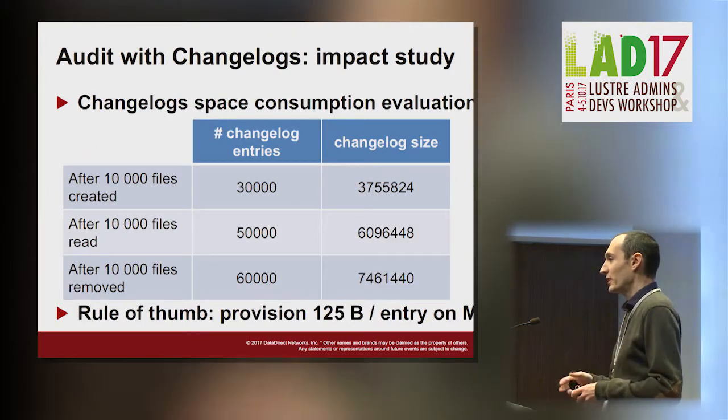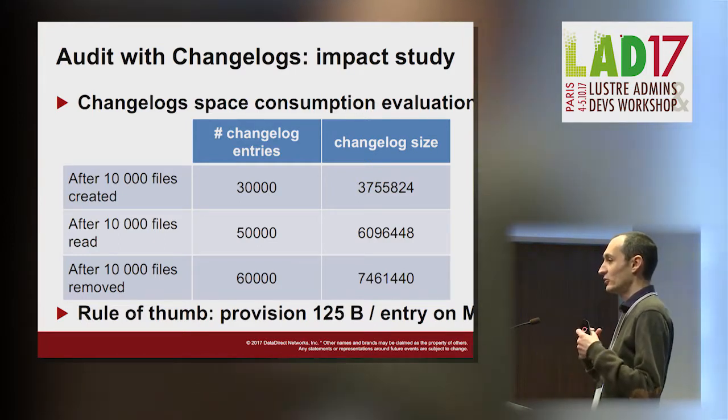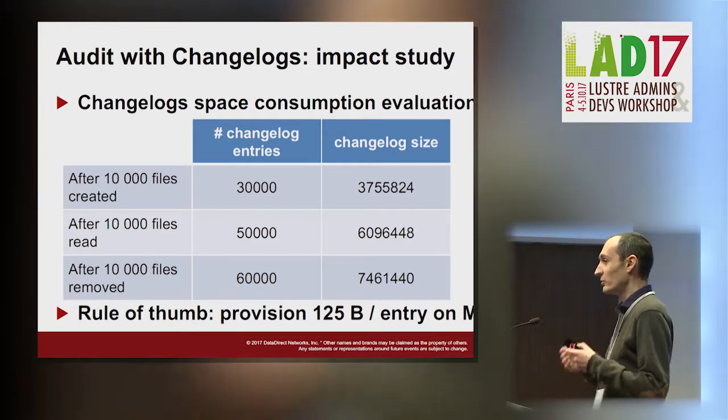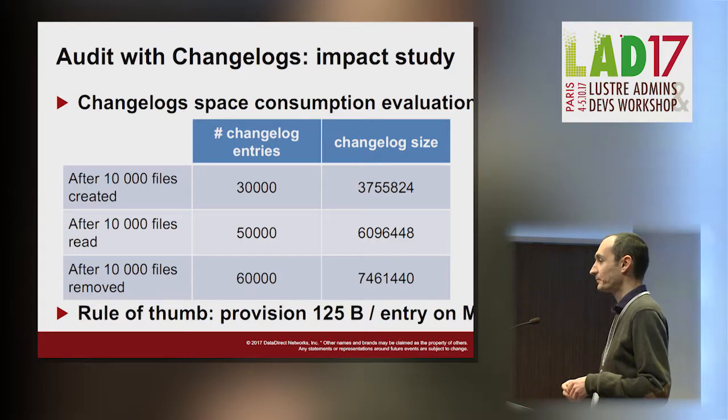First, we wanted to evaluate the space consumption on MDT because, as I said, we are generating changelog entries, and they are stored inside the MDT. So this is a very basic test. We created 10,000 files. We opened those files for read, and then we closed and removed the files.